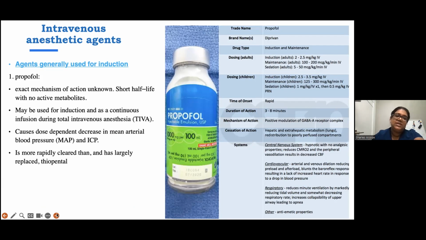It has a short half-life with no active metabolites, and it may be used for induction and as a continuous infusion during total intravenous anesthesia, or TIVA. It causes a dose-dependent decrease in MAPs and ICPs, is most rapidly cleared, and has largely replaced thiopental.